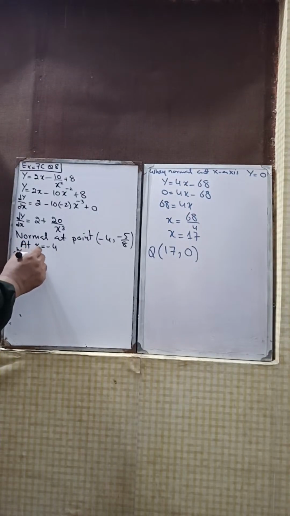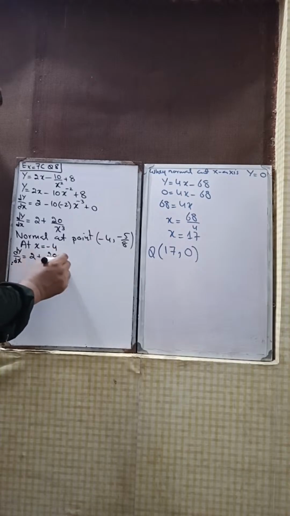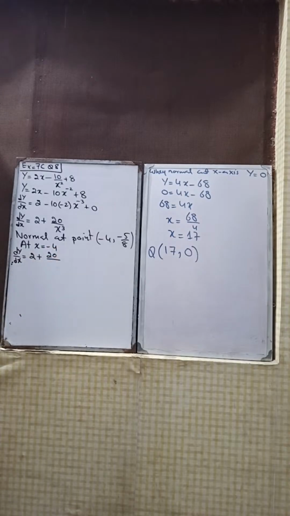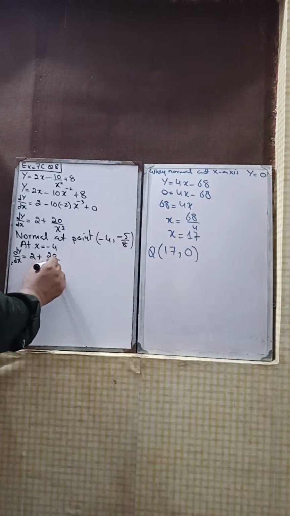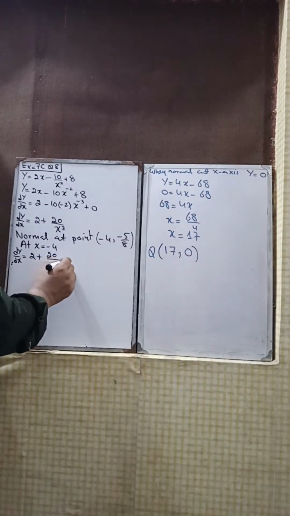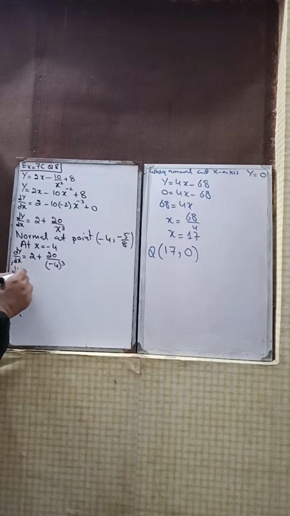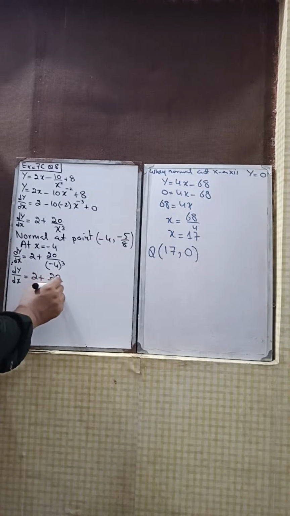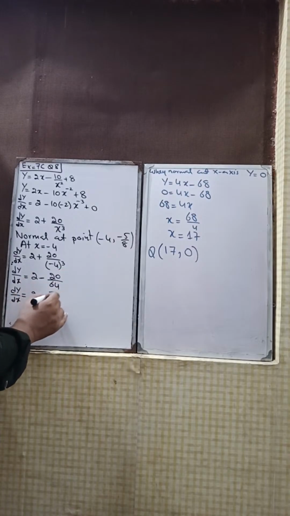dy by dx will be equal to 2 plus 20 divided by the value of x, which is -4, and its cube. So dy by dx will be equal to 2 plus 20 divided by, this becomes 64. 4 4s are 16, 16 4s are 64, and that negative will come here. So dy by dx will be equal to 2 minus 5 by 16.